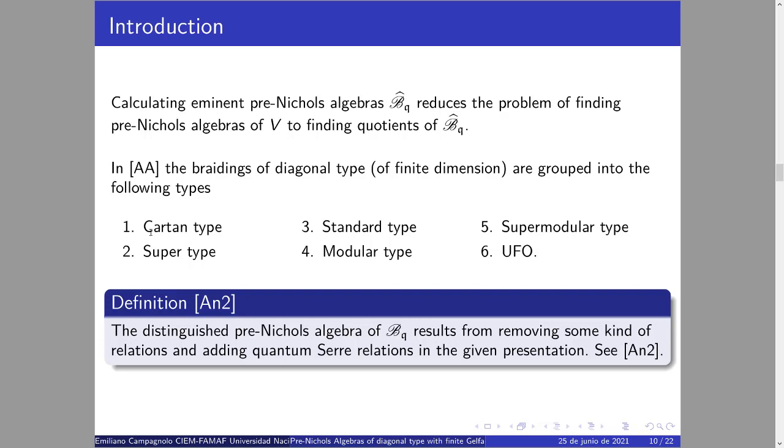The problem of finding the eminent pre-Nichols algebra is finished for Cartan type by Andruskiewitsch and Sanmarco, and the cases of super type, standard type, supermodular type, and UFO are finished with Angiono and Sanmarco.